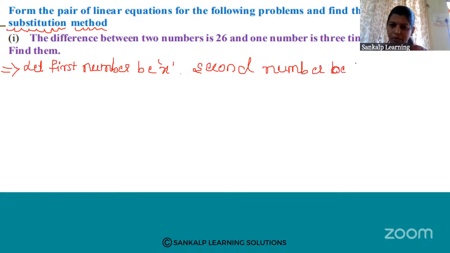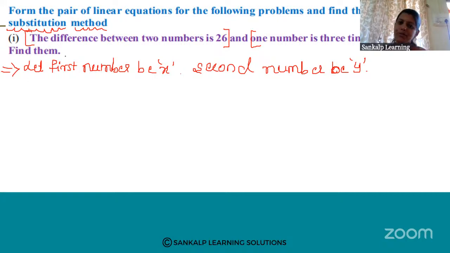In the question, we will make two parts. The difference between two numbers is 26, so this is one part, it gives one equation. And one number is 3 times the other, this line gives the other equation. Yes or no? So observe carefully. The first line gives one equation and the second line gives another equation, right?